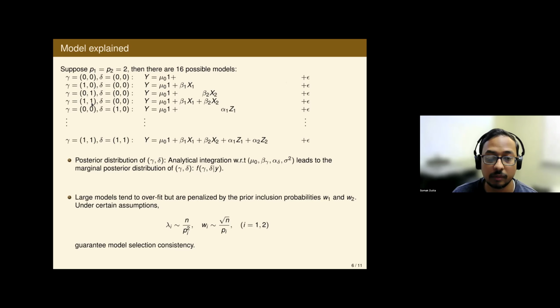This particular model thinks that both the SNPs are important, but neither of the genes are important. So this corresponds to the linear model where the trait value is the intercept plus the effect of the first SNP plus the effect of the second SNP, but no effect of the genes, plus the random error.